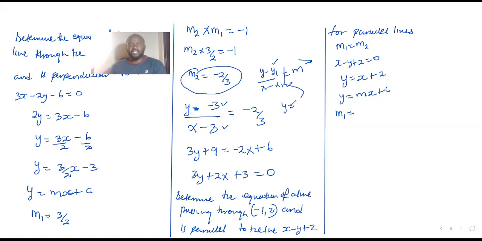Or you use y is equal to mx plus c. Feed in that point, get c, feed in the gradient, and then when you get c, come back and substitute c and m in that equation. I expect you to know how to deal with the equation now.